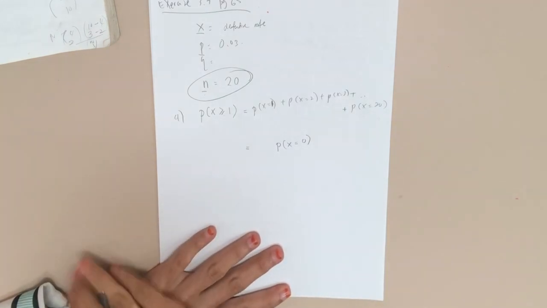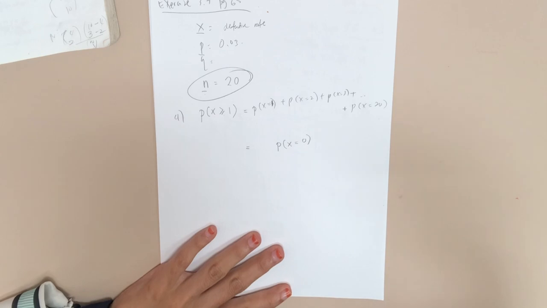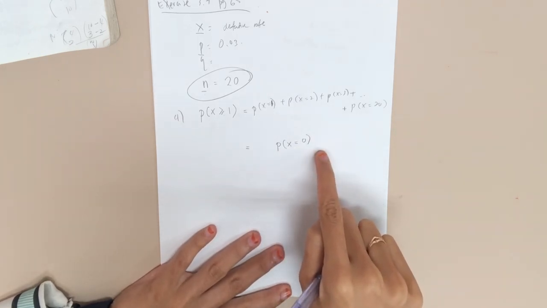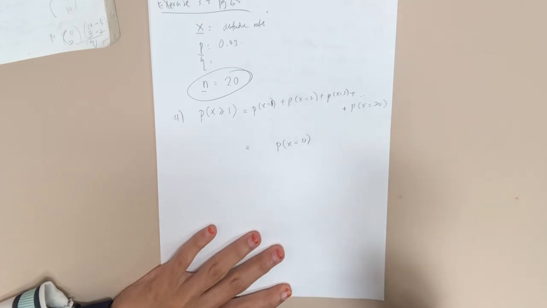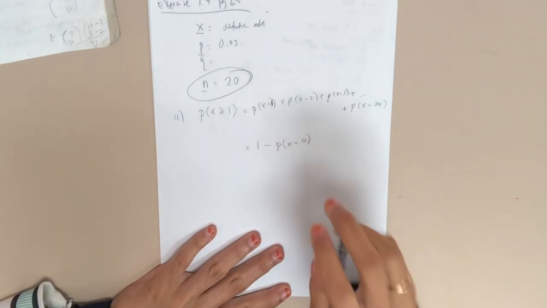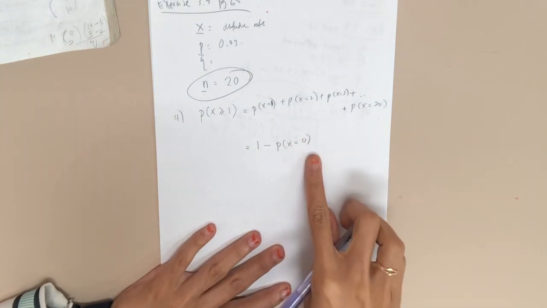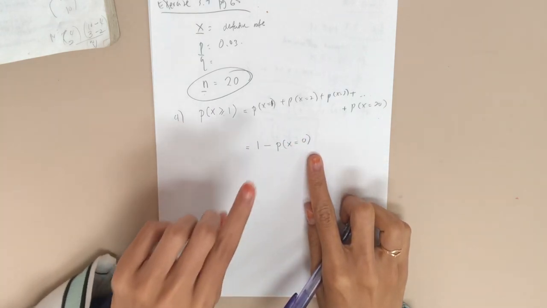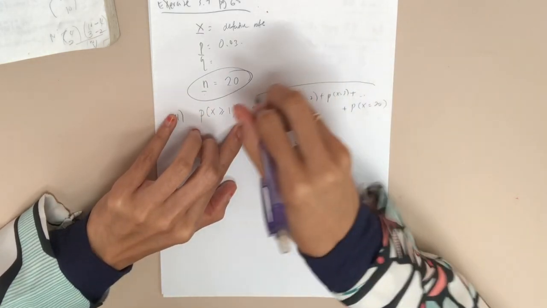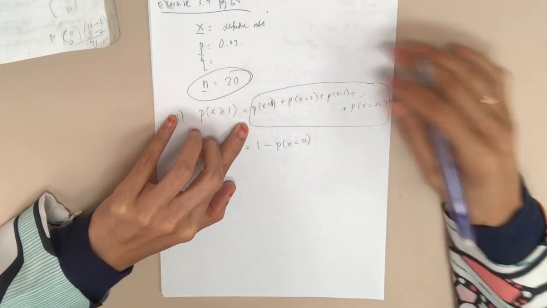Logically, why not we find X equal to 0? Only one thing that we want to find. Then 1 minus the probability here. So when we do 1 minus this probability, we will get all this answer.